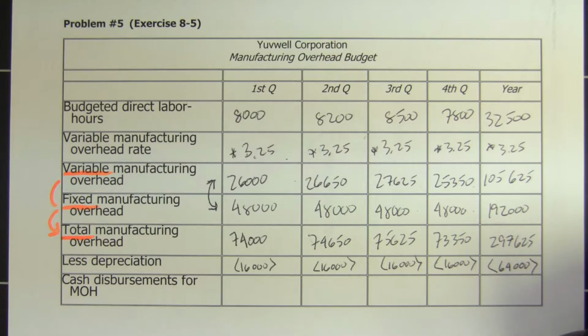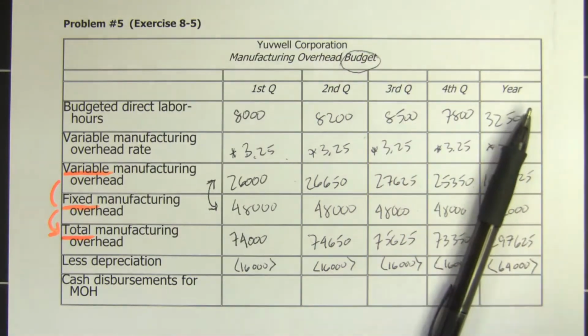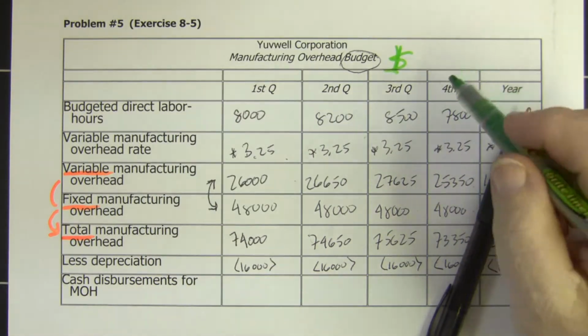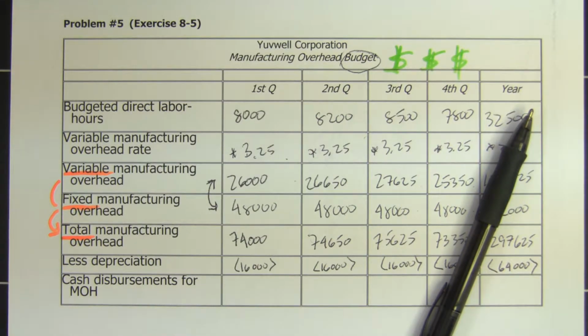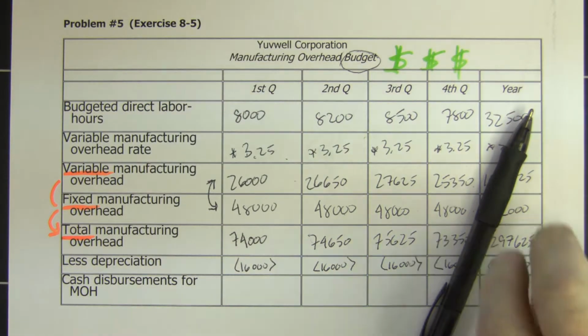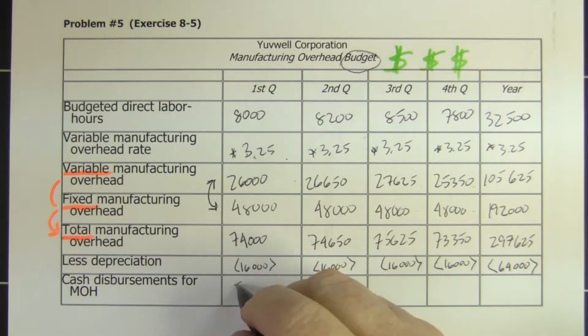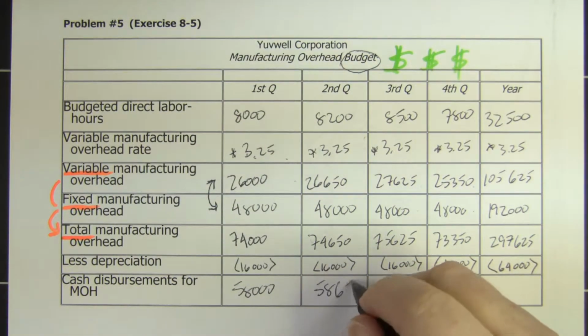Now we have to subtract out the depreciation, because what we're trying to do is come up with the overhead budget. And when you think budget, think dollars. Remember that Jerry Maguire movie, Show Me the Money? Well, show me the money. We're talking dollars here. Subtract out the 16 grand for depreciation that we won't be spending in cash. We come up with 58,650.